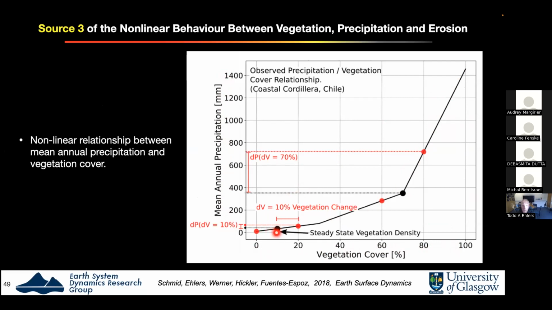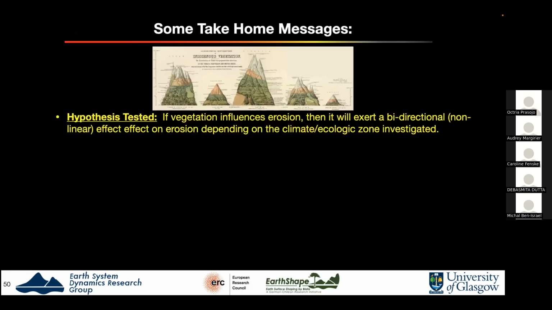Again, the key point is that if you think of a landscape experiencing a plus or minus 10% change here, you need a very different amount of change in precipitation rate if you're in a wet setting to invoke a 10% change in vegetation around that dot compared to if you're in a more arid setting here. So this nonlinear relationship between precipitation and vegetation is also factoring into these models.